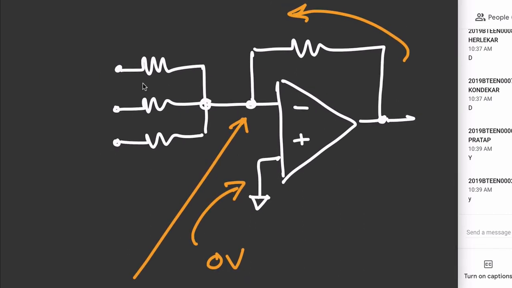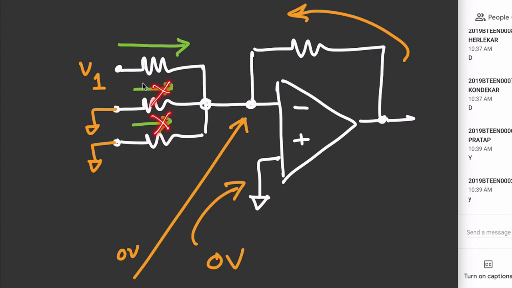If Vn is 0 and these two are grounded and V1 is present, then there will be current only due to V1, and current due to V2 and V3 will not be there, because V2 and V3 are equal to 0.